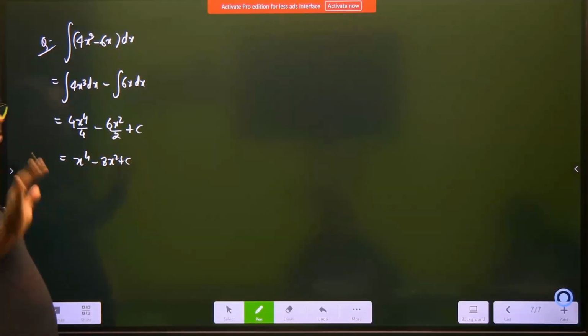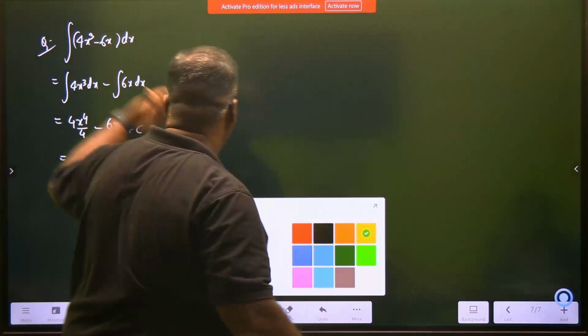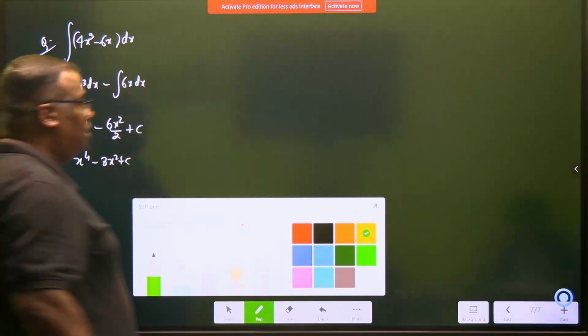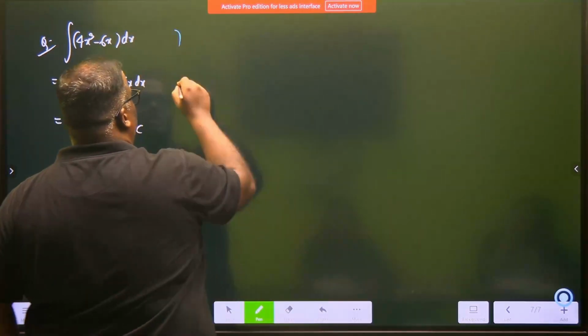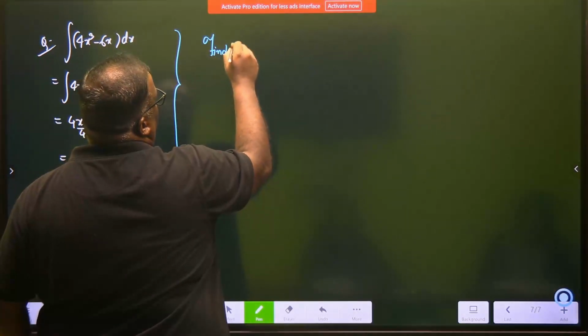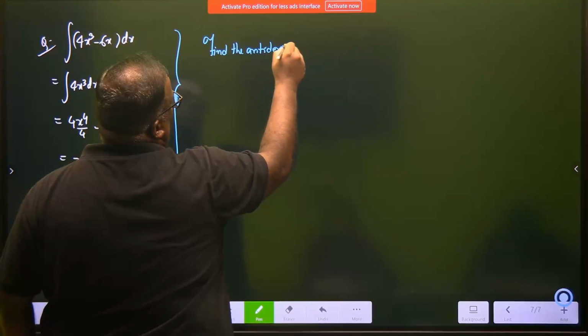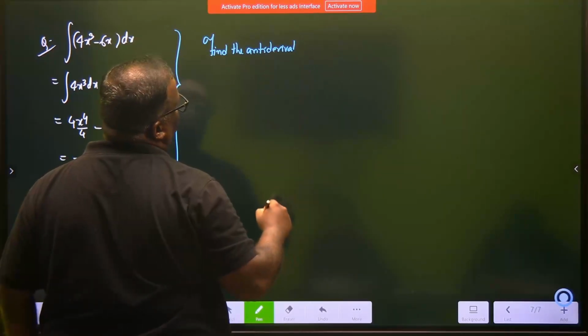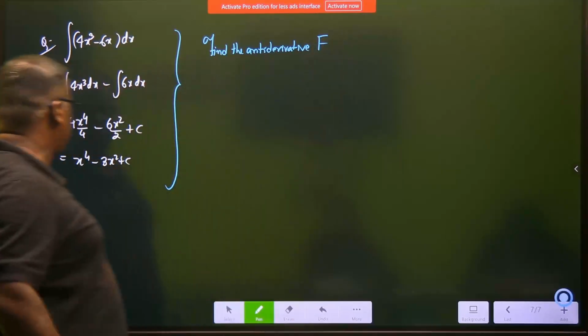Now just pay attention. This was very easy because you are habituated to do the problem like this. The question they said was a little bit in a twisted language, okay? So let's see what was the twist. Find the antiderivative F. Antiderivative is also a function.